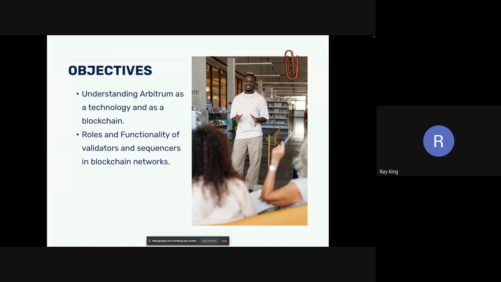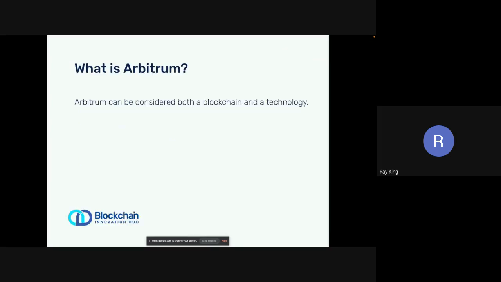All right, so we're going to start with understanding Arbitrum. Now, Arbitrum can be considered both a blockchain and also as a technology. I believe most of us understand what the terminology technology means, and by now, we should also understand what blockchain means.